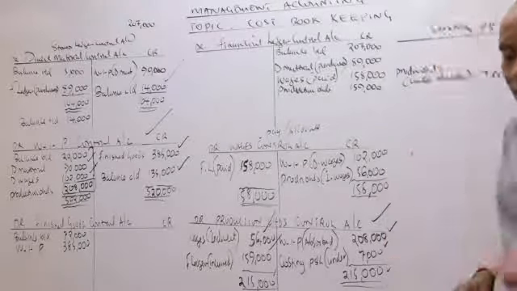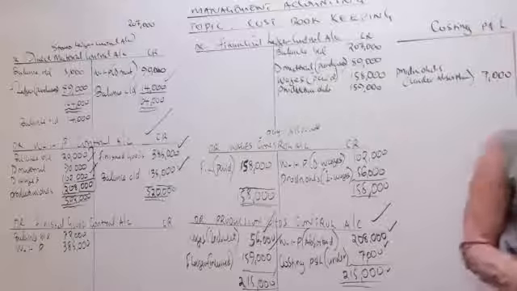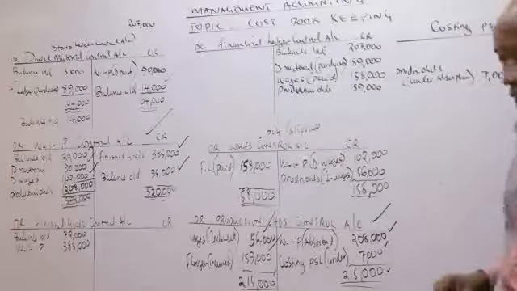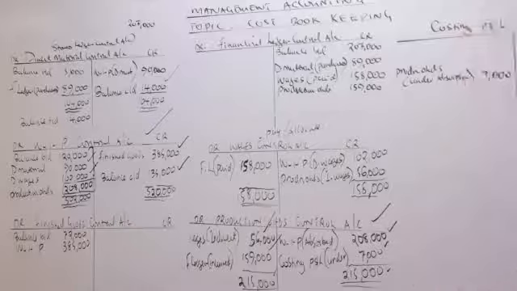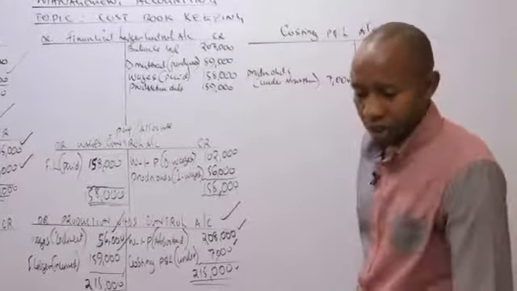Let me know if it is clear up to that point. It can still be seen here. Everyone sees how we got the under absorption and where I've posted it to?